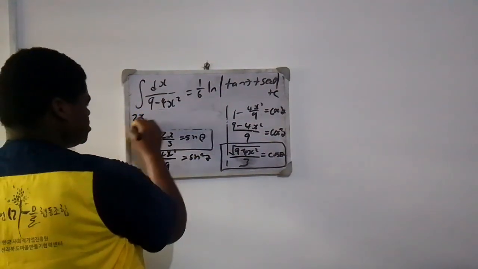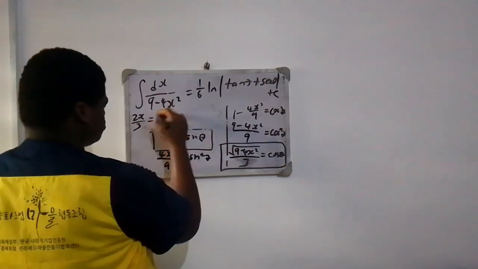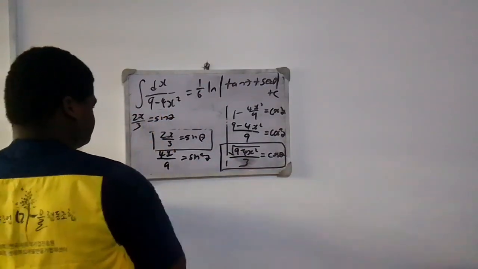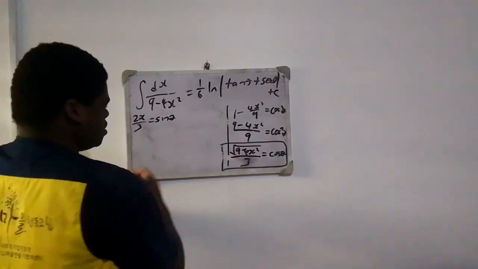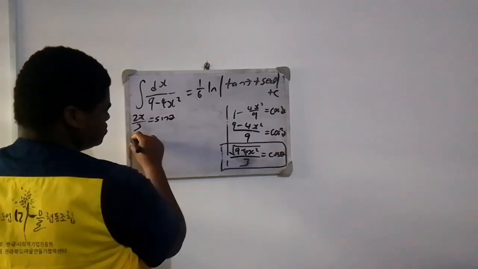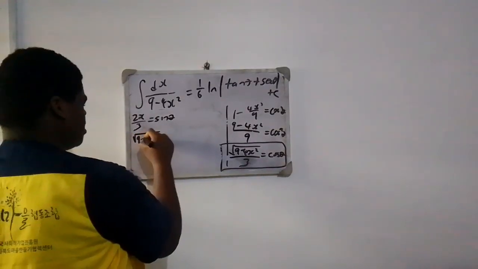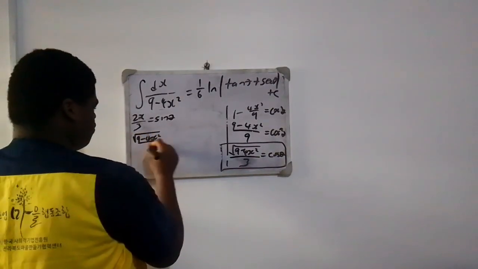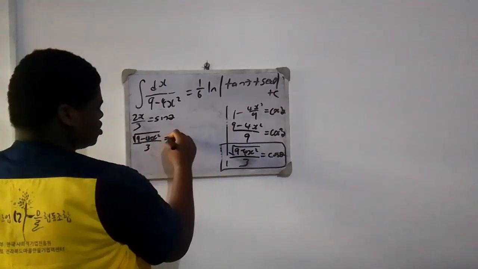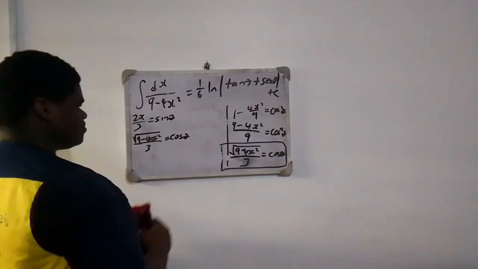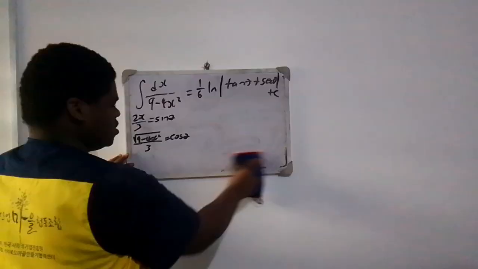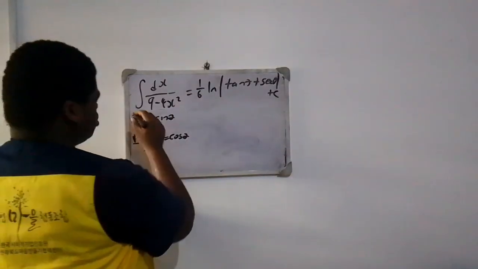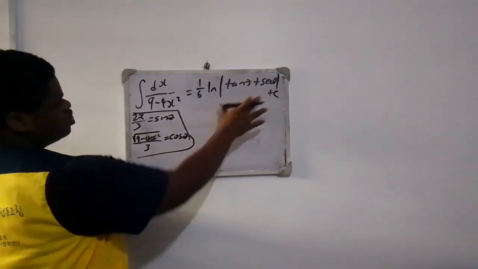We have 2x over 3 is equal to sin theta. And we have the square root of 9 minus 4x squared over 3 is equal to cos theta. Now let's focus on this now. We've already gotten what we're going to use to simplify this. So let's focus on this.